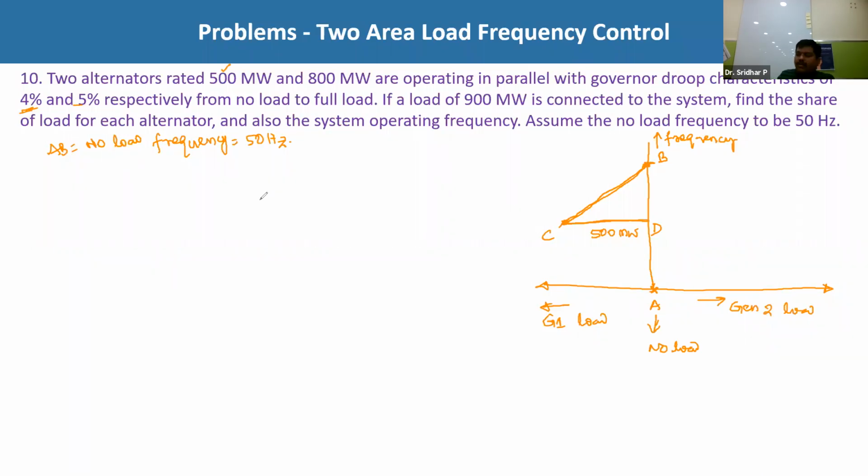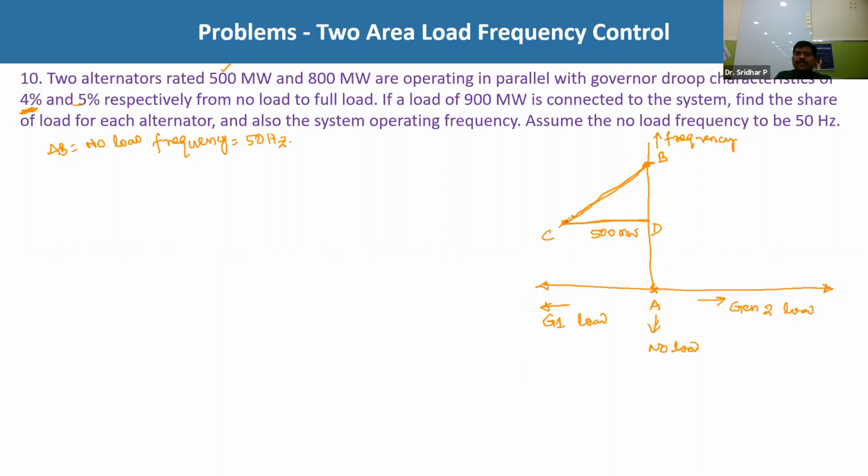Now what we are doing here is increasing the load from 0 to 500 megawatts. Then how will the frequency change? The frequency will take a path with 4% droop. We have already discussed clearly that droop is nothing but the negative slope, which can be marked like this.